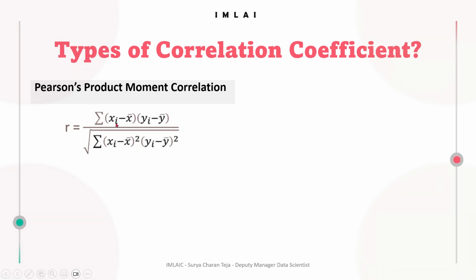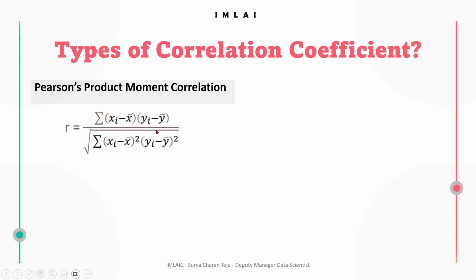So we take the sum of products of deviations of both x and y variables, divided by the square root of the product of the sums of squares of deviations of x and y variables, which gives you the Pearson's coefficient.